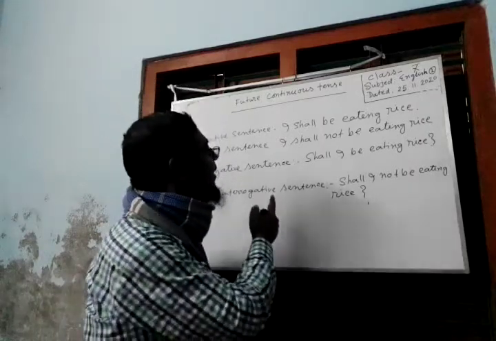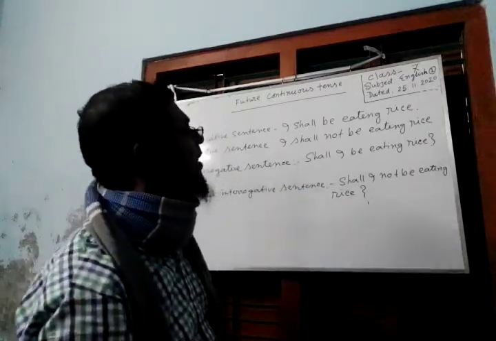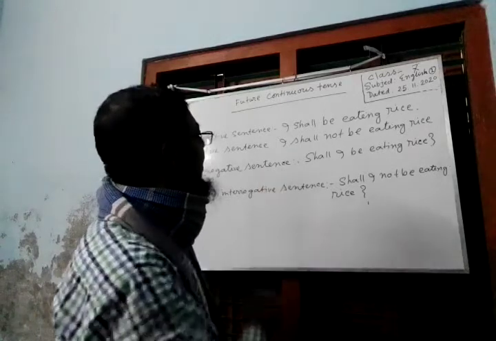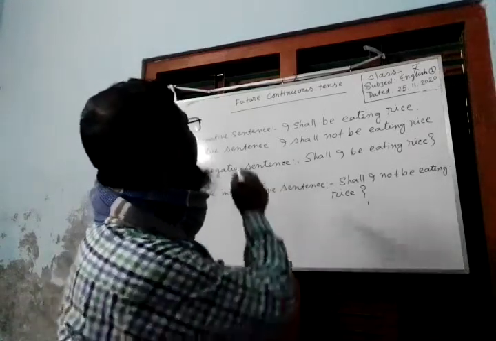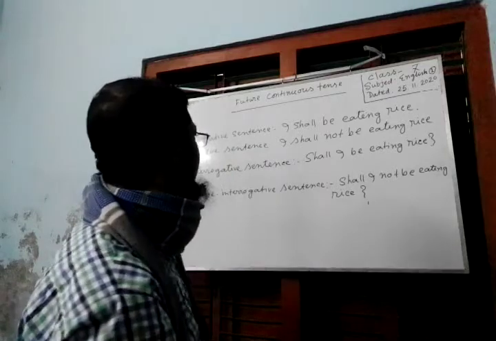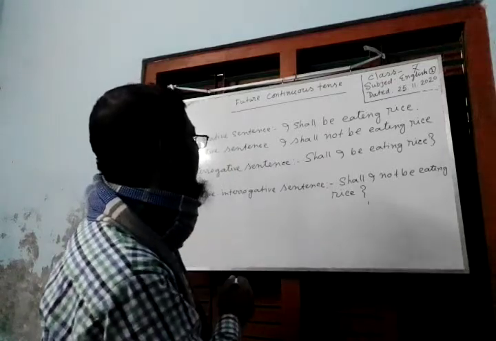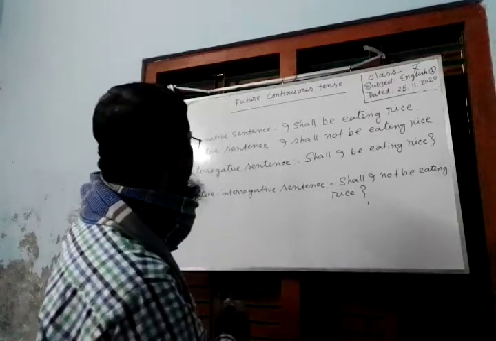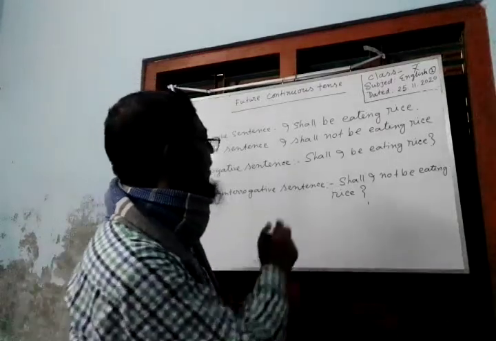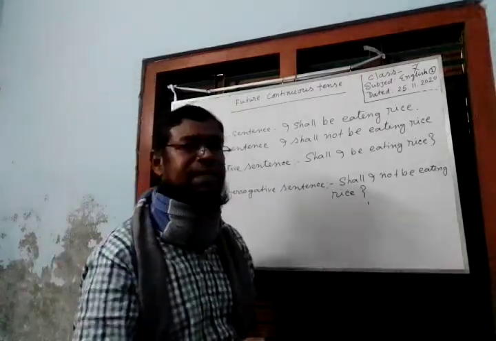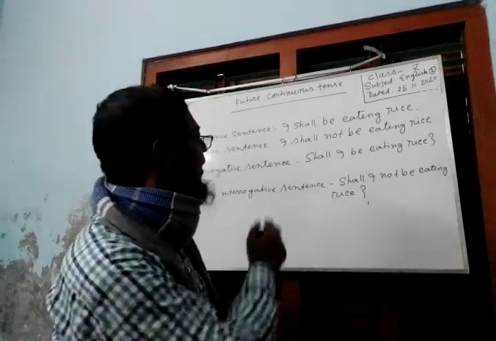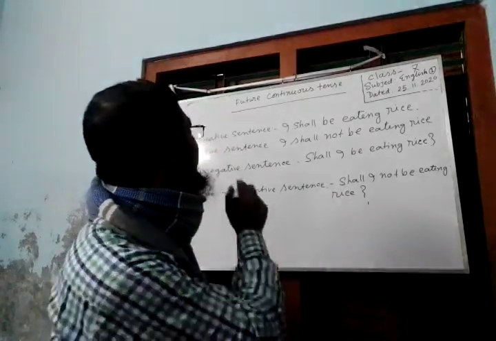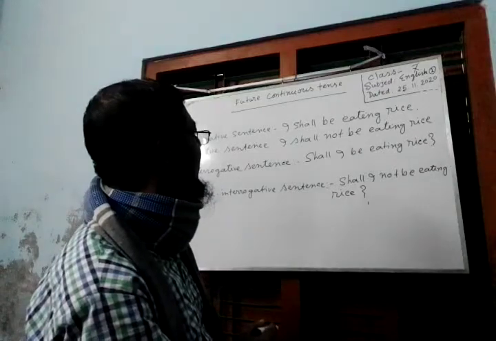So I have written, I shall not be eating rice. It is an example of negative sentence on future continuous tense. Next, I have given an example of interrogative sentence. Shall I be eating rice? It is an example of interrogative sentence on future continuous tense.